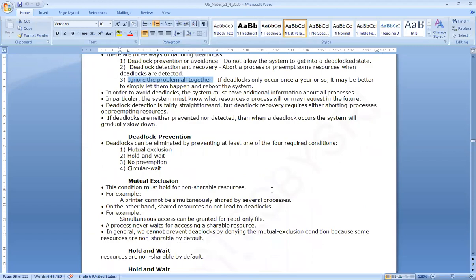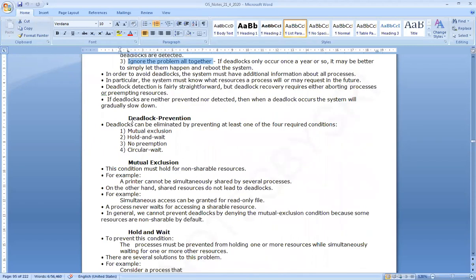Then after that, we studied deadlock prevention. So what does deadlock prevention mean? Deadlock can be eliminated by preventing at least one of the following four required conditions. The required conditions for deadlocks are these four: mutual exclusion, hold and wait, no preemption, and circular wait. So the deadlock can be eliminated by preventing at least one of these four required conditions.